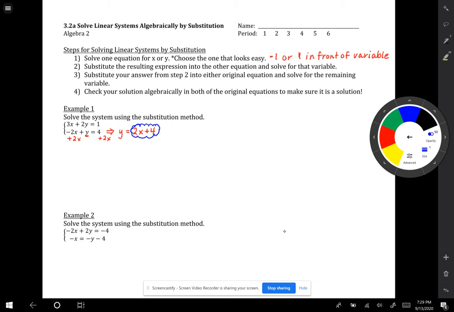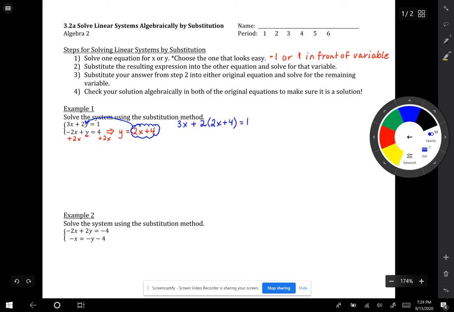Because we solved for y, we are going to replace this y with 2x plus 4. So we are going to have 3x plus, remember there's still a 2 in front first. You're only replacing the y with the bubble. So replace the bubble with another bubble or parentheses. Close it, and that's equal to 1.